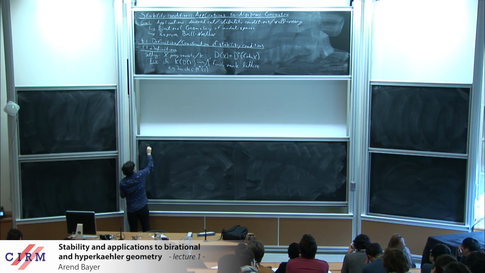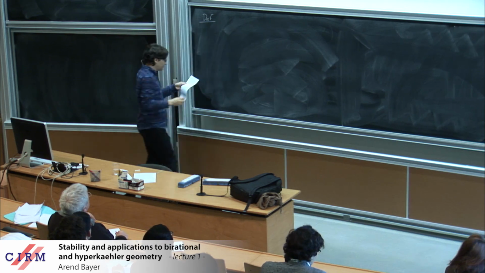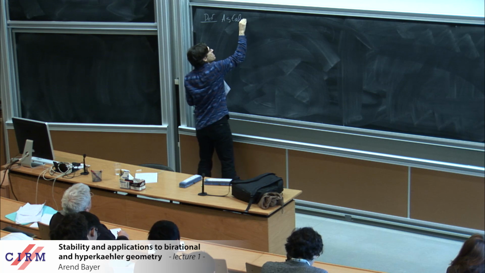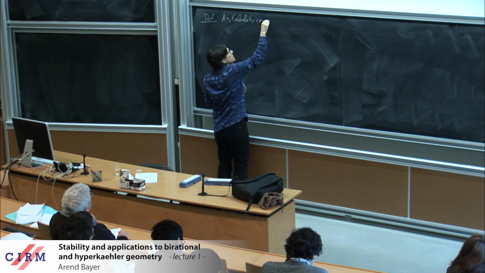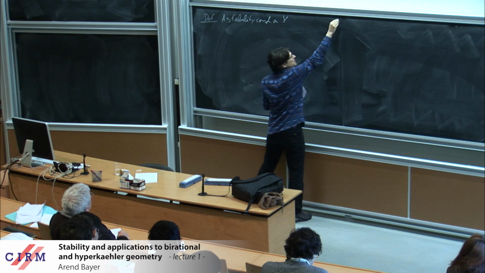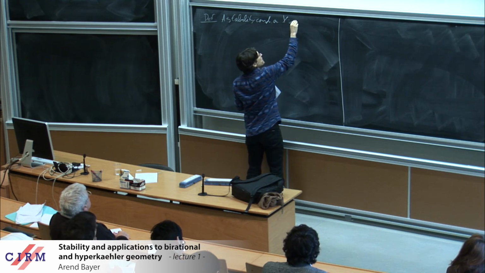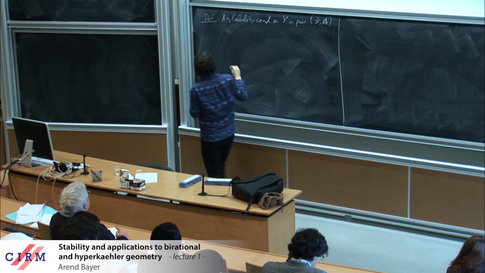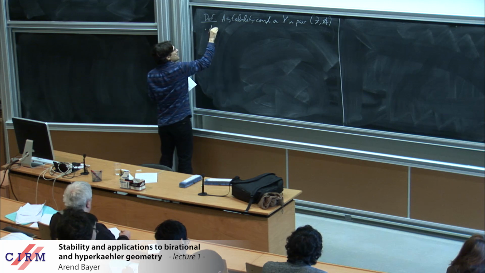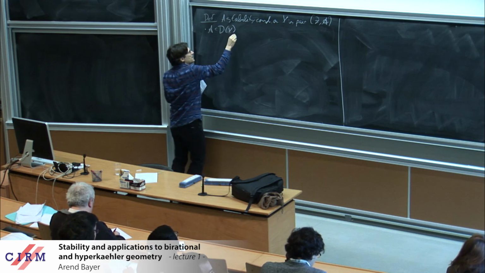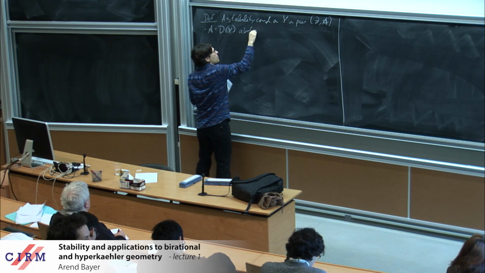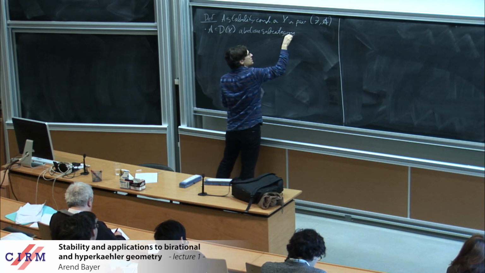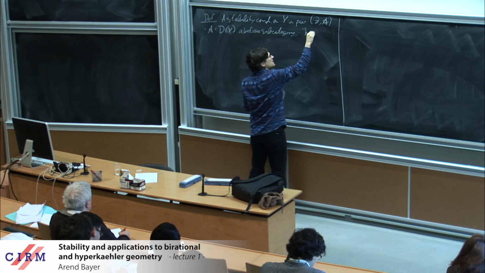So let me start with the definition. A stability condition on X is a pair (Z, A) of some categorical data. A inside D(X) is an abelian subcategory, more precisely, the heart of a bounded t-structure.